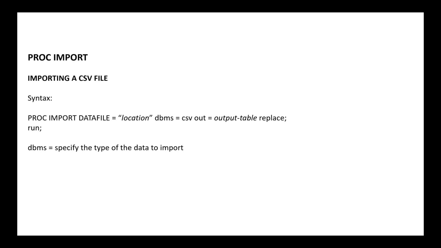Then we have out, which specifies the output table: where do we want to output this dataset that we have imported into SAS? Then we also have a last option, which is replace. Replace simply makes sure that if the output table already exists, we replace it with this new one.